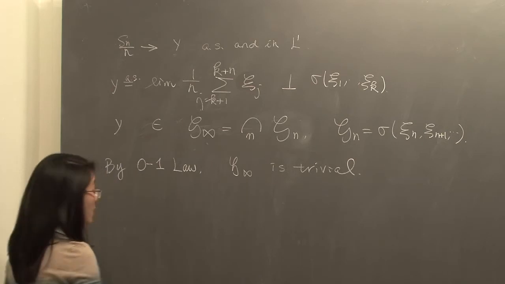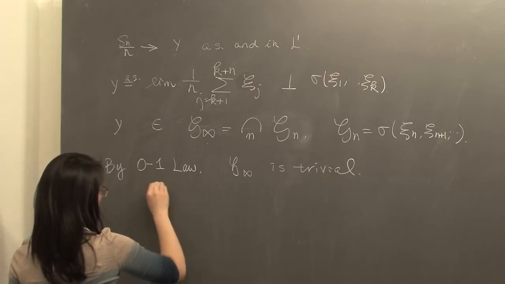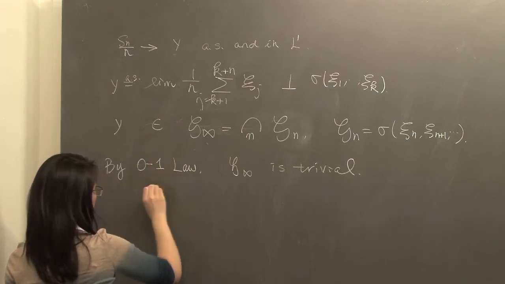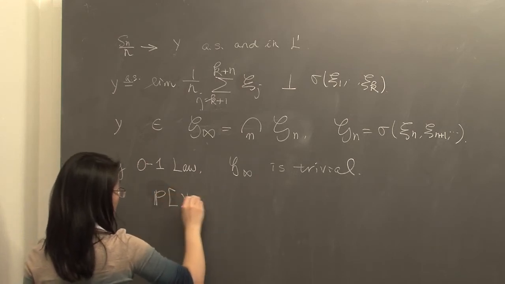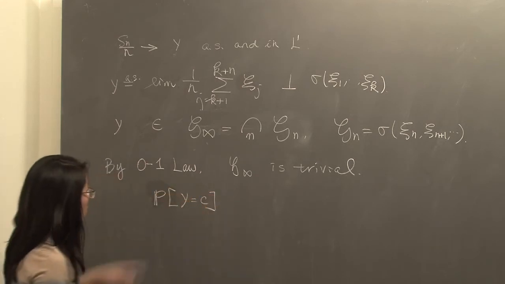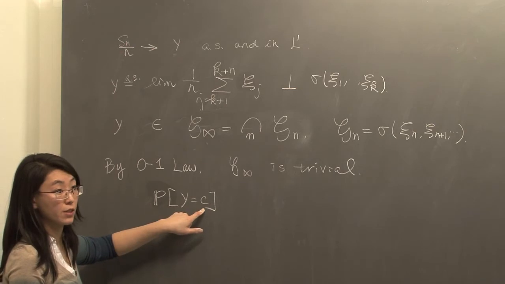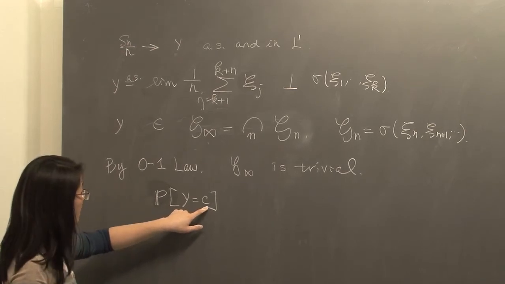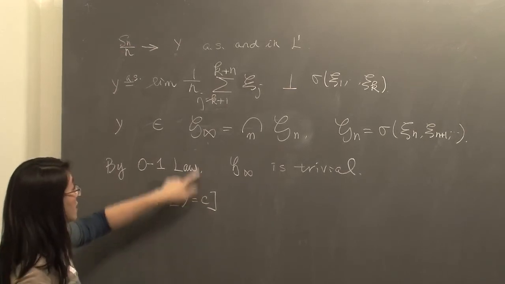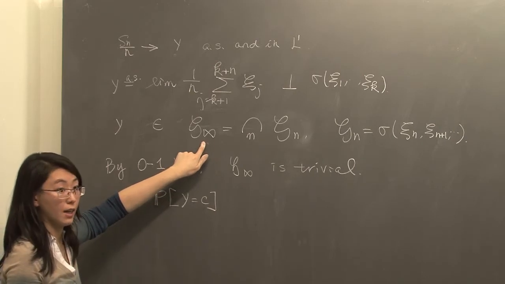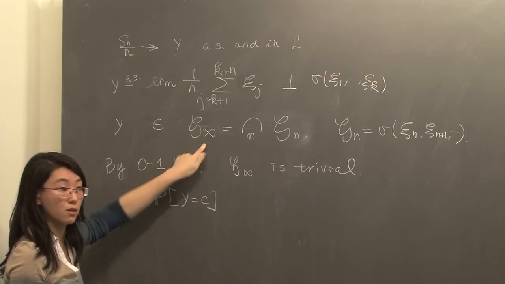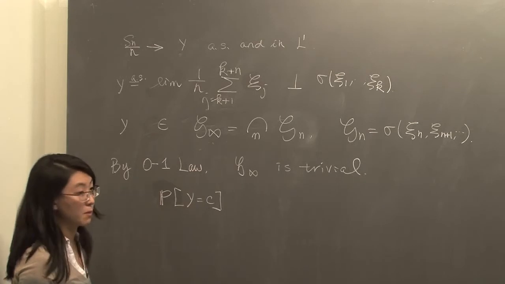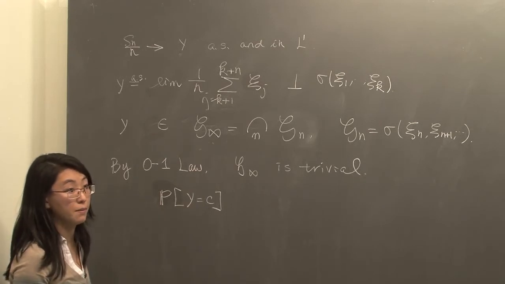And since it is trivial, we know that y equals c, where c is some fixed number. So for any fixed number c, the event y equals c is in G infinity. And G infinity being trivial means for any c, this probability is either 0 or 1.